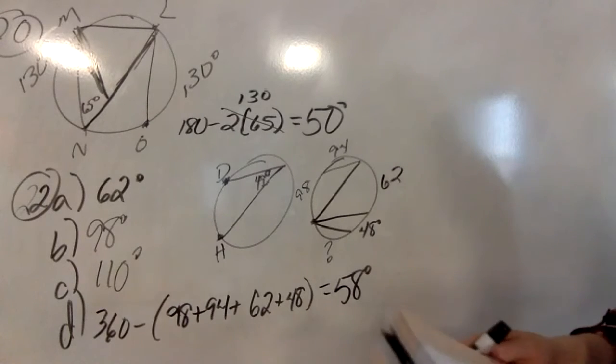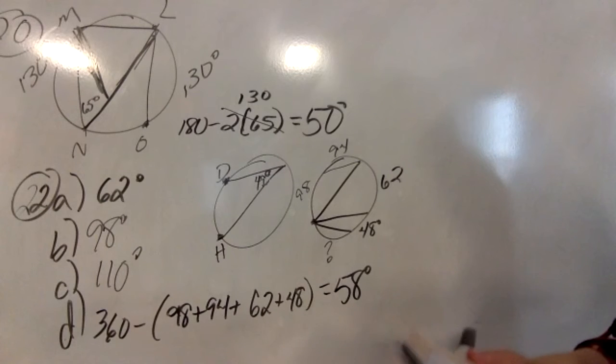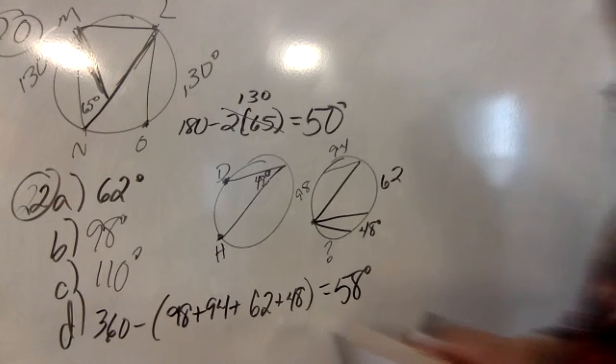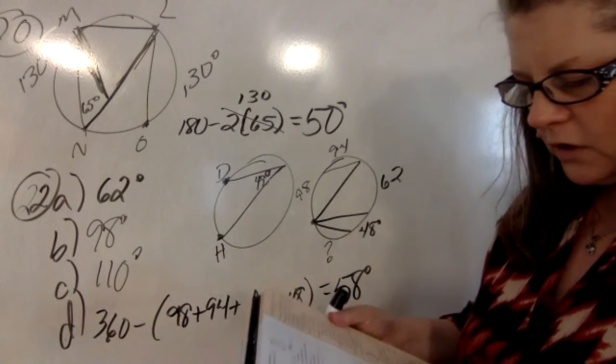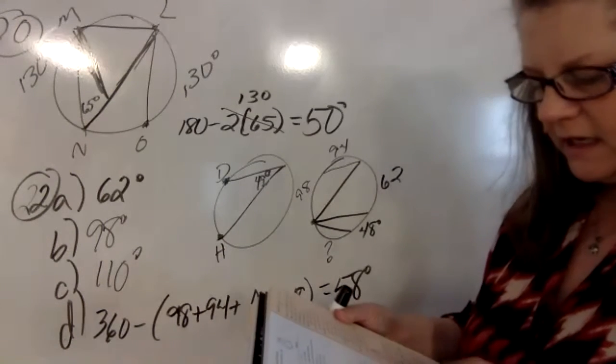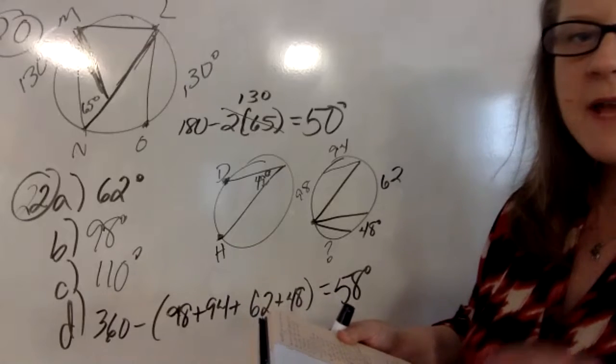So let's go ahead and do 24, 26, 28, and then we'll go back and finish our proof. On 24, it says find the measure of angle RQT. If you look, R and T are endpoints of a diameter.